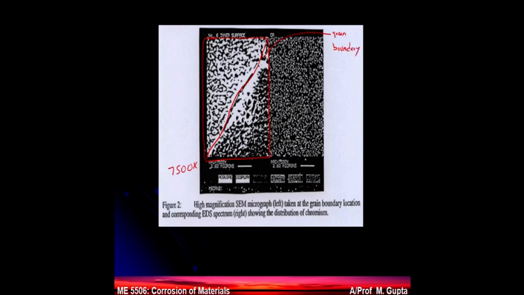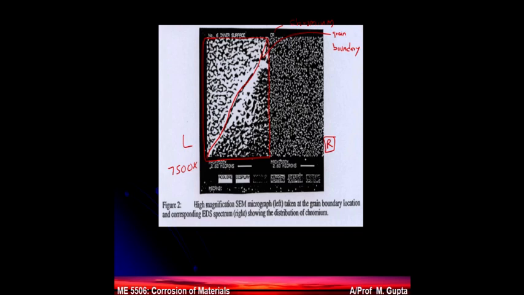The picture on the right hand side shows the chromium mapping. Cr stands for chromium. The white dots represent the presence of chromium, which is reasonably uniformly distributed in this area, which is shown on the left side of the hybrid image.